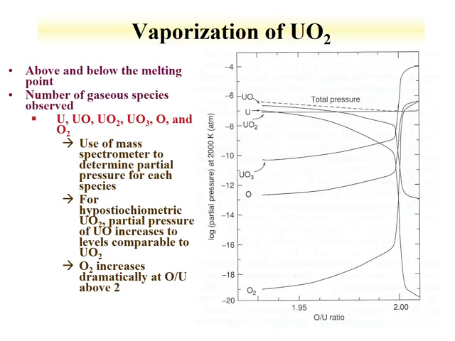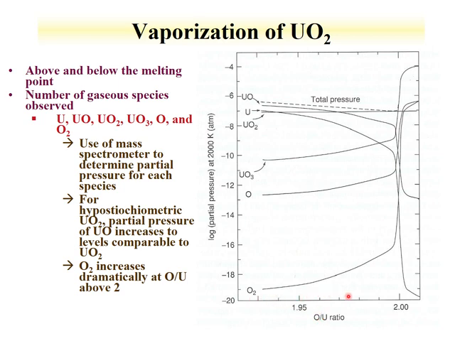Also, through the heating of this material, we can actually vaporize products out of the material. And here's an example of partial pressure of different products from UO2. So the oxygen, UO3, UO2, uranium, and UO, as a function of the oxygen to uranium ratio.